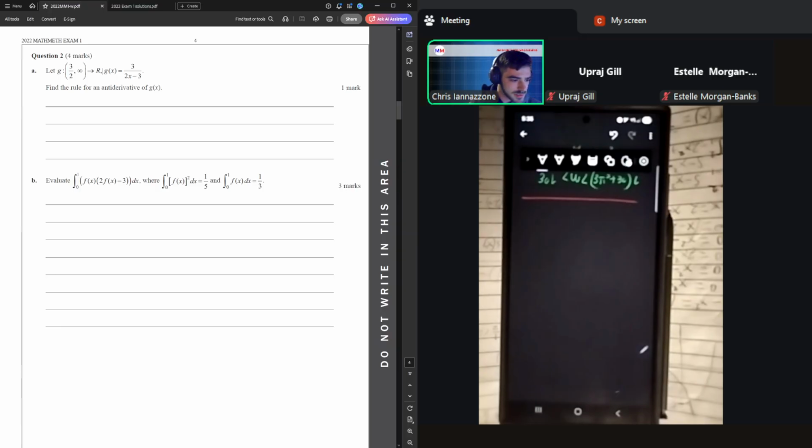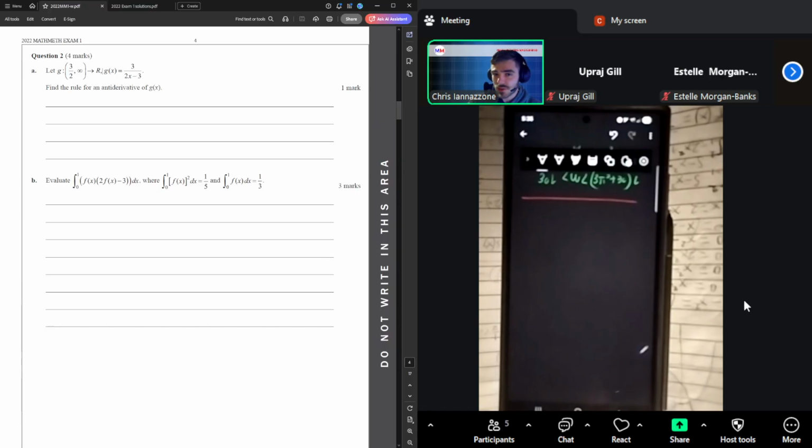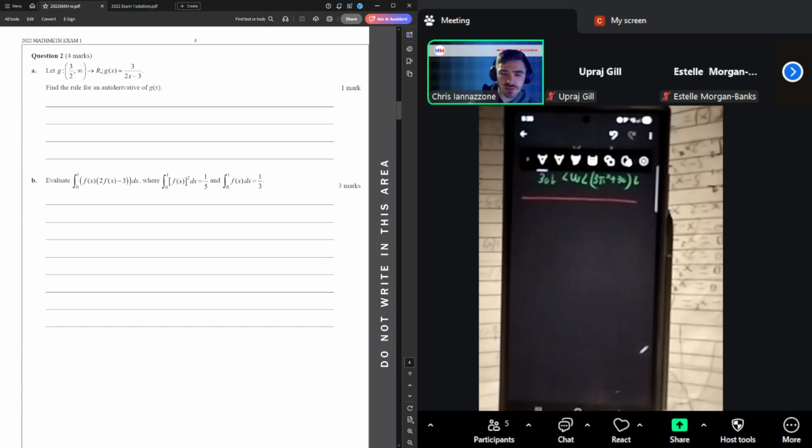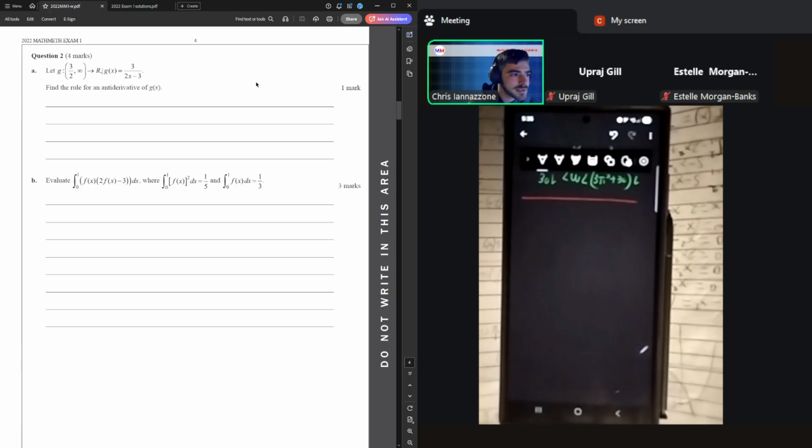They did say find an antiderivative. It wouldn't be the most accurate answer. Like, putting an absolute in there doesn't hurt. It doesn't make it wrong. But because it's only defined for 3 over 2 to infinity, you can actually choose whether it's the positive or negative version of that log.